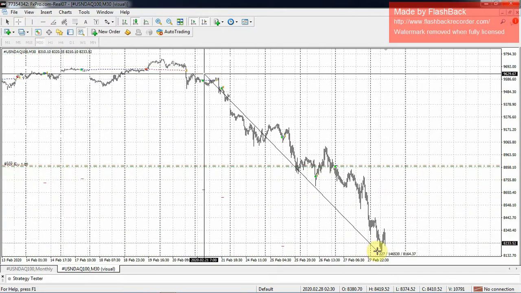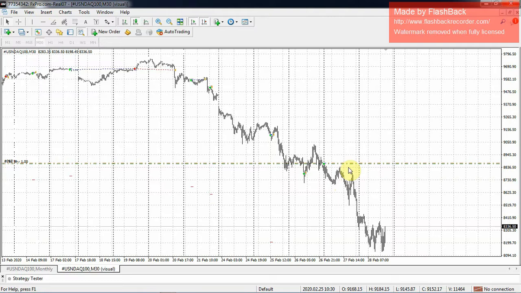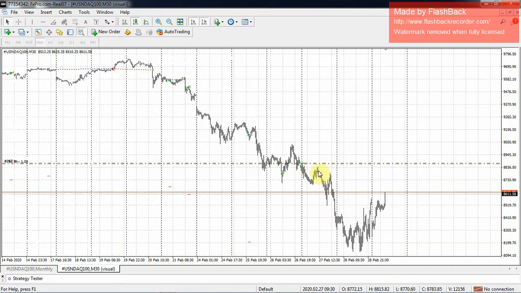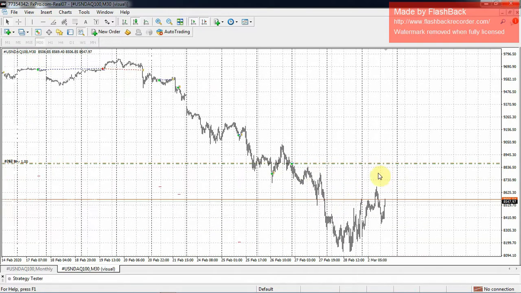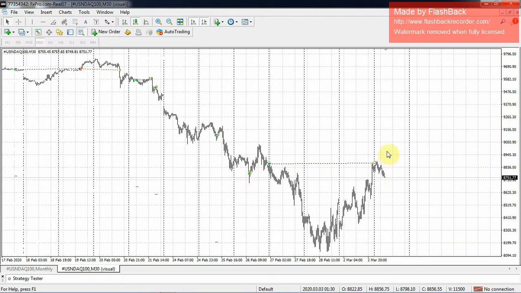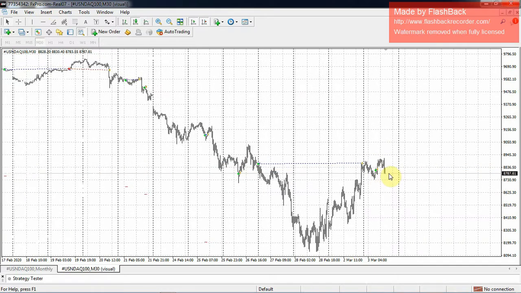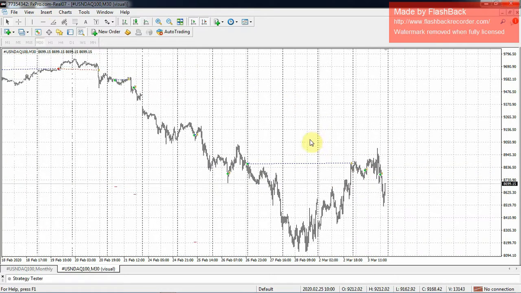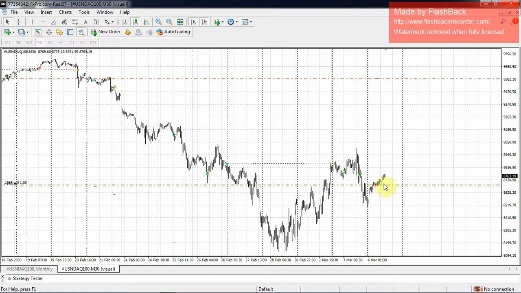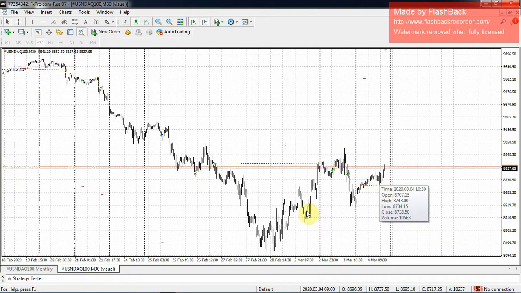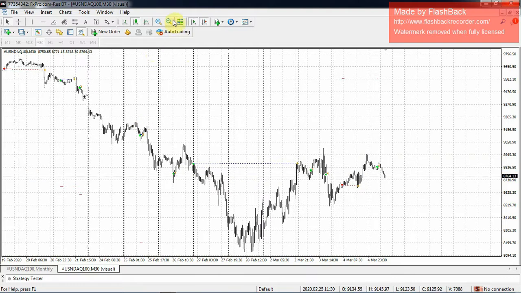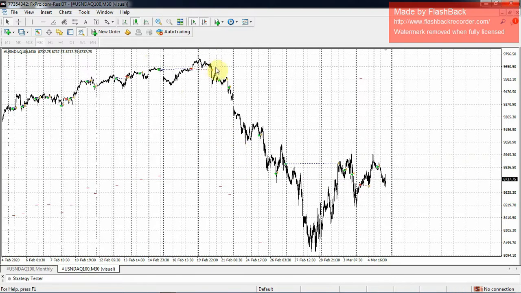It's making noise. The market crashed, but this robot buys on strategic points so that we make it difficult for the market to hit our stop loss. We're not saying the market can't hit our stop loss, but the robot makes it difficult. That's a good sell there.